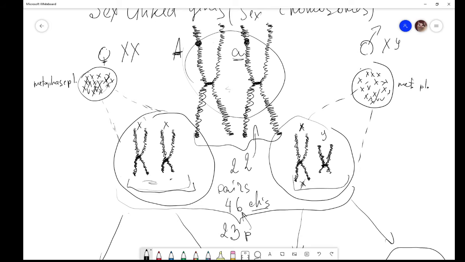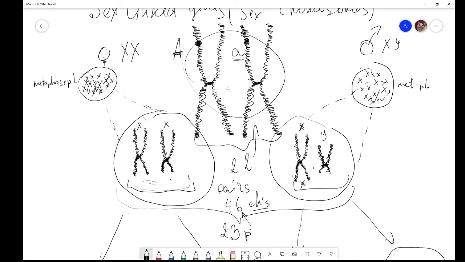What's next? The way sex chromosomes are inherited is quite straightforward. Each organism has two copies of each chromosome. In the case of sex chromosomes, this can be, as I said, XX female or XY male.